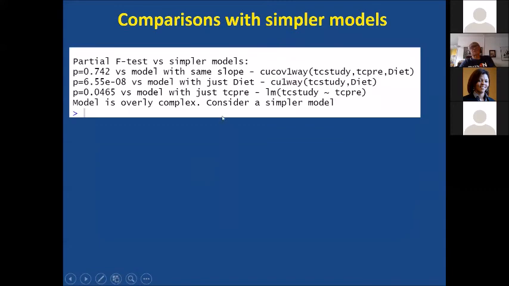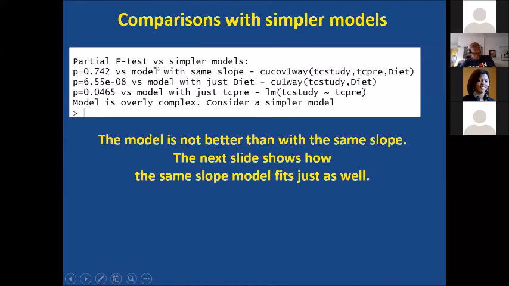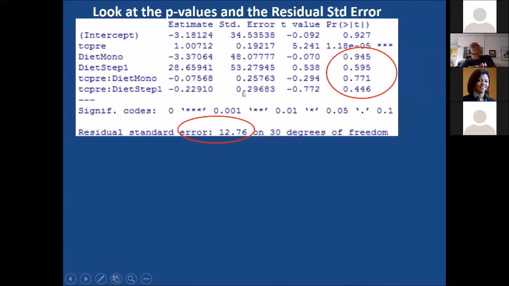And again, it does partial F-test with simpler models. But in this case, even though the lines look different, it turns out it doesn't actually improve the fit compared to that simpler model we did. So the model is not better than with the same slope. You can see in this slide a complicated model with a lot of non-significant coefficients and a standard error of 12.76.